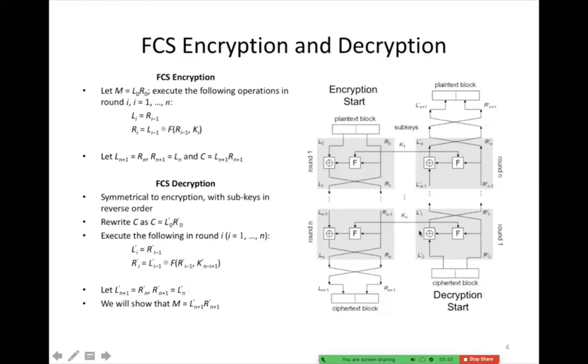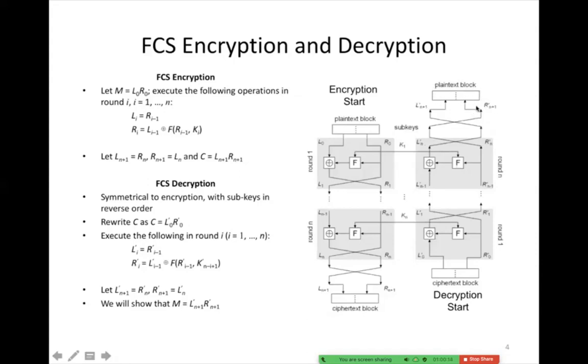For the first round, you use Kn, but anything else is the same until you get down to L sub n prime and R sub n prime, and then you swap them again, and that should give you the plaintext.